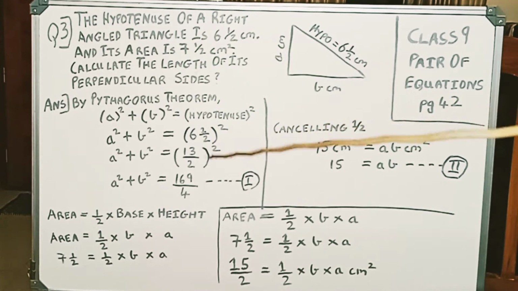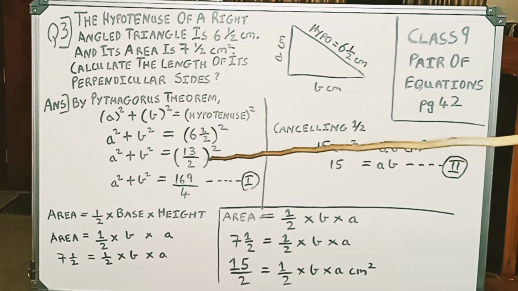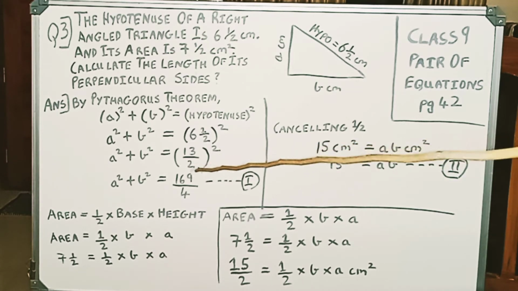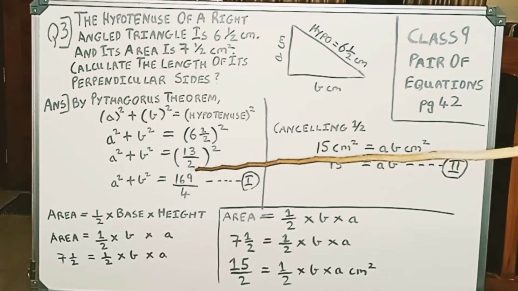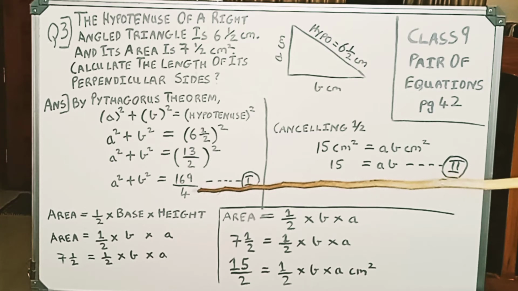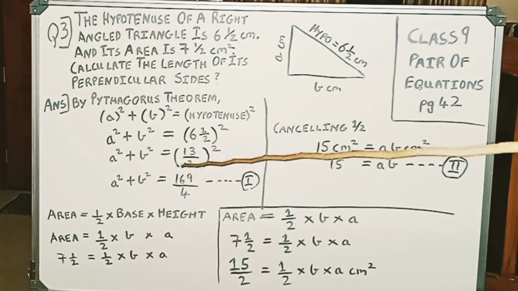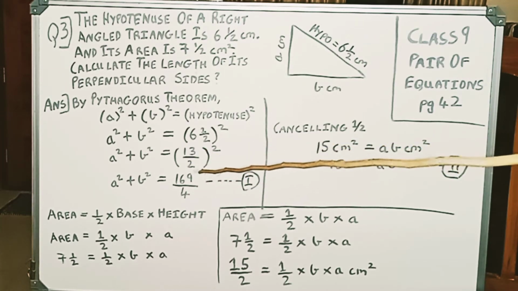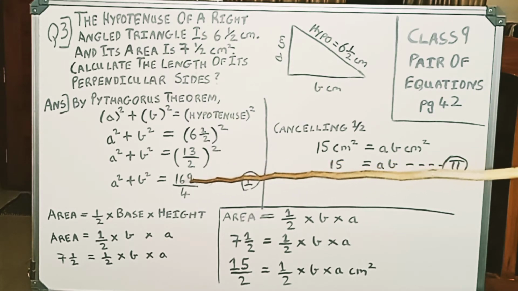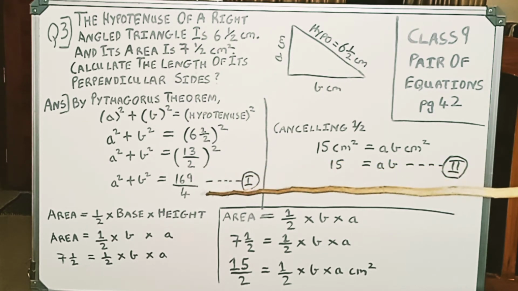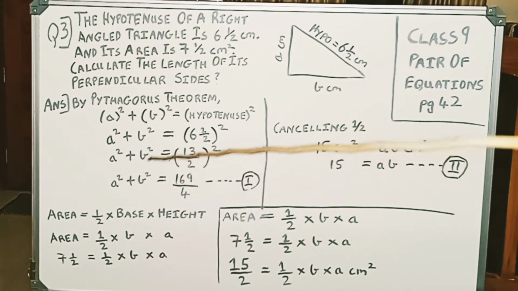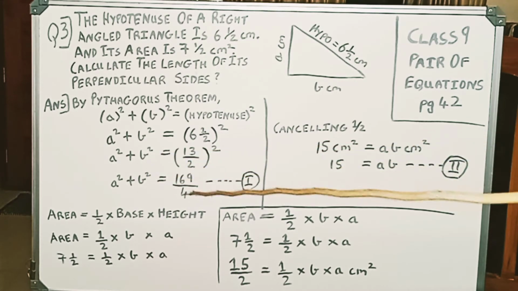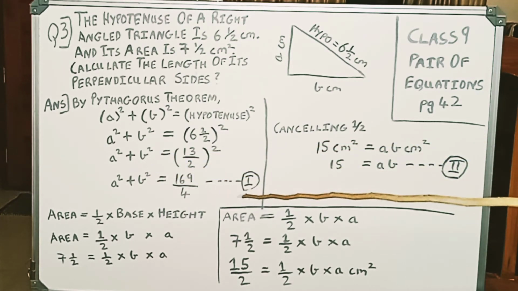So in this way we got 13 by 2, the whole square. 13 into 13 you will get 169, and 2 into 2 you will get the denominator as 4, because this is 13 the whole square and this is 2 the whole square. And this same term A square plus B square we take from the top. This we can denote as equation number 1.